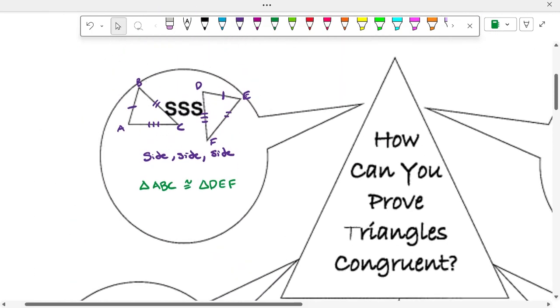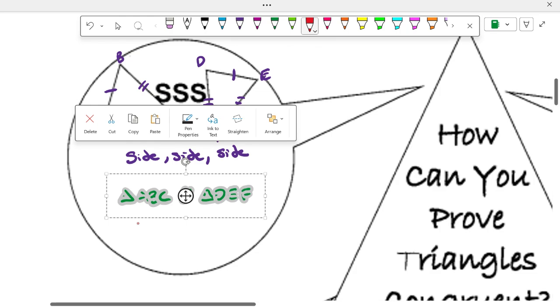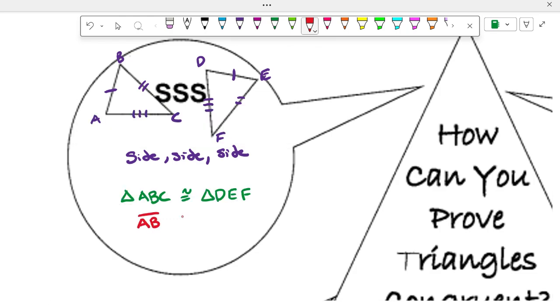So for example, if I go back up here, I already said that those two triangles were congruent. So now I can say that side AB is congruent to side DE because of CPCTC.